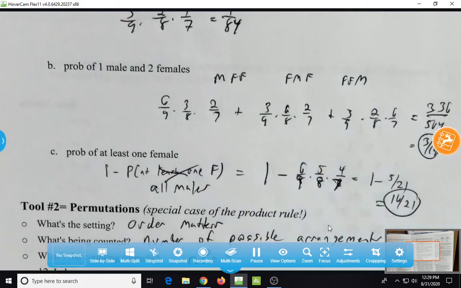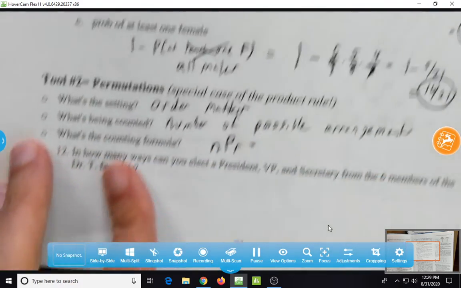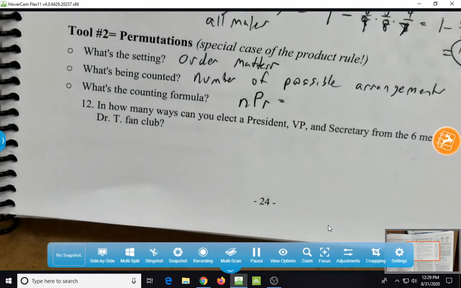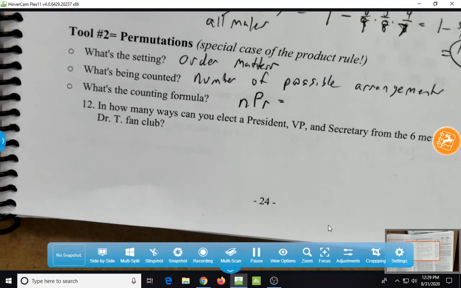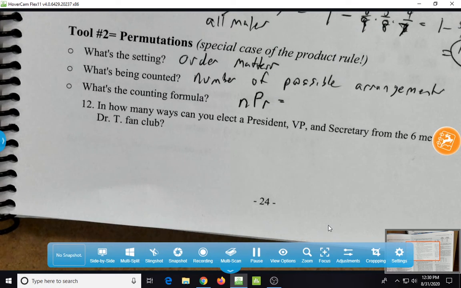We have 10 people, and we're going to pick 3 of them. We'd have 10 times 9 times 8. In other words, 10 factorial divided by 7 factorial would give us the number of possible places for first, second, and third.